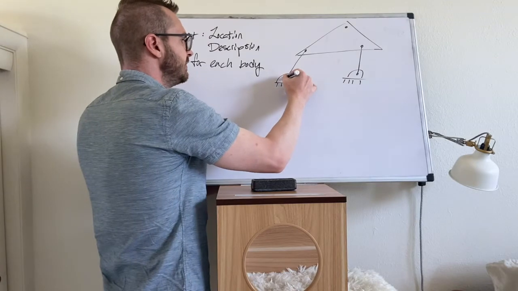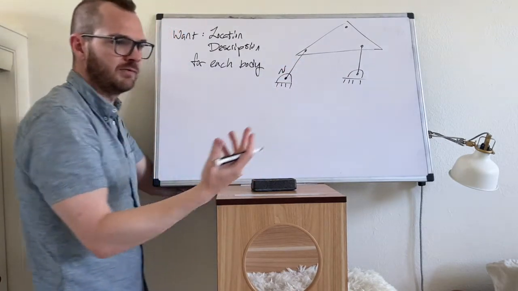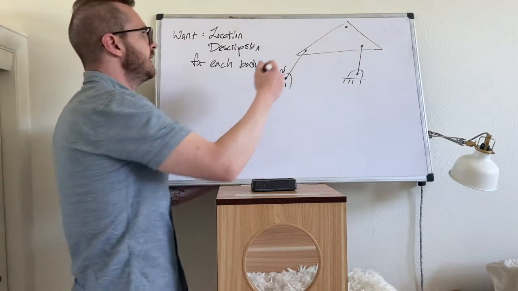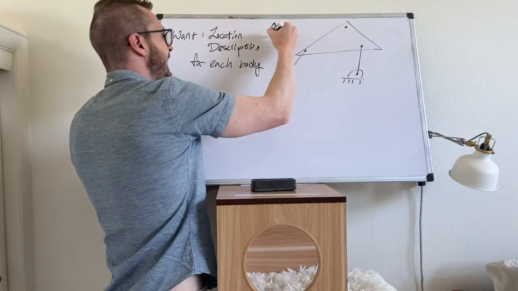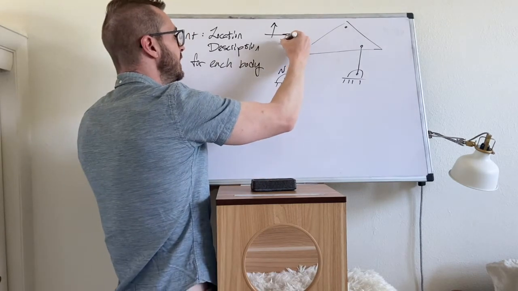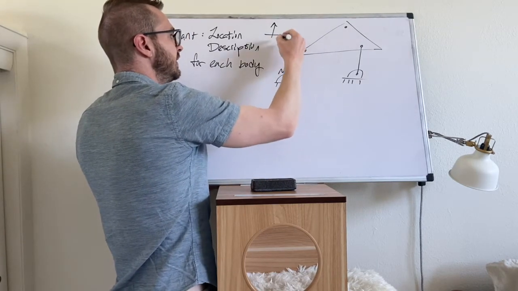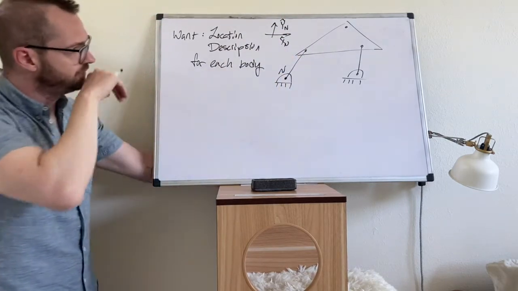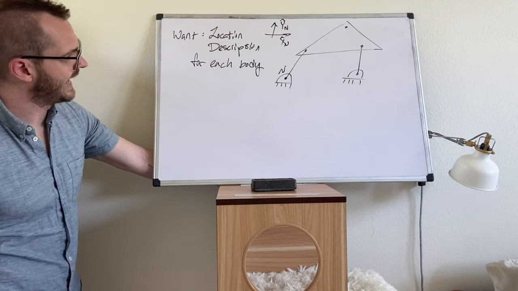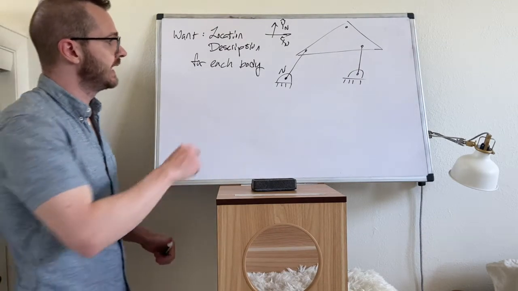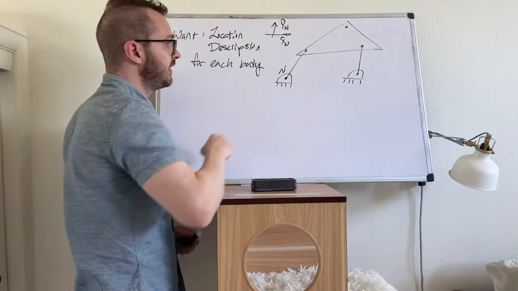I tend to go left to right, so let's put it there. Next, we also need a non-moving inertial frame, a reference frame. Here is direction X hat in, and then direction Y hat in.